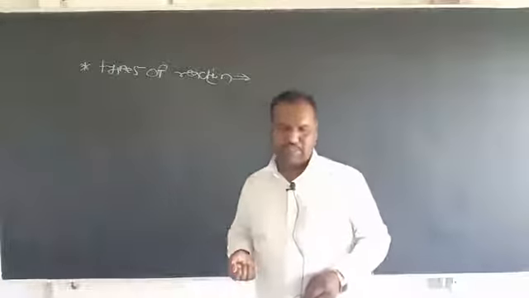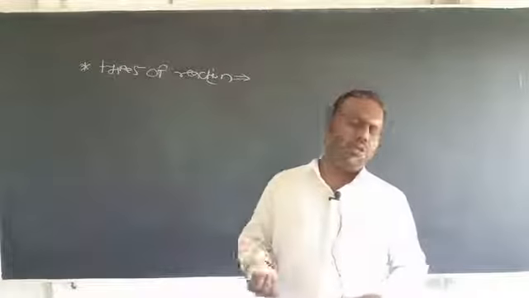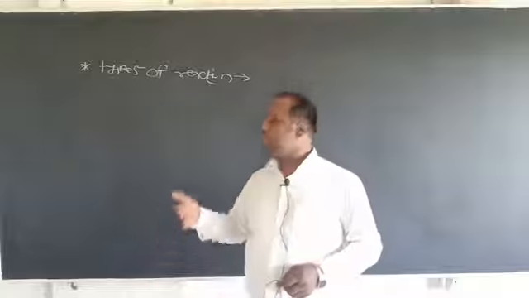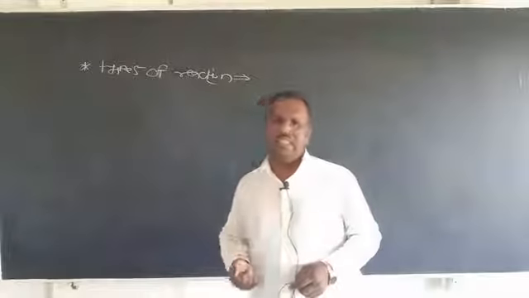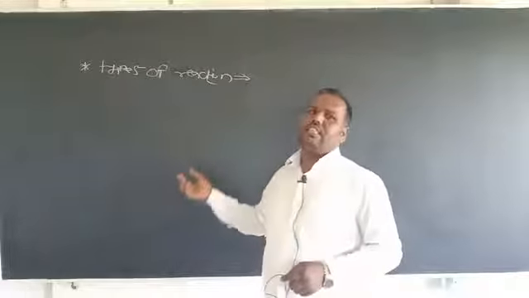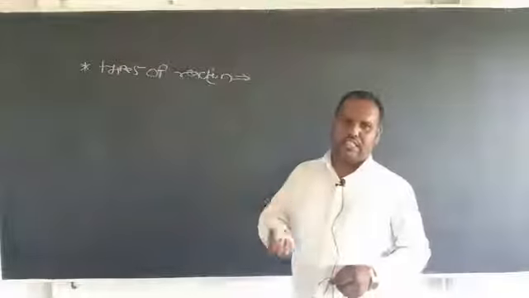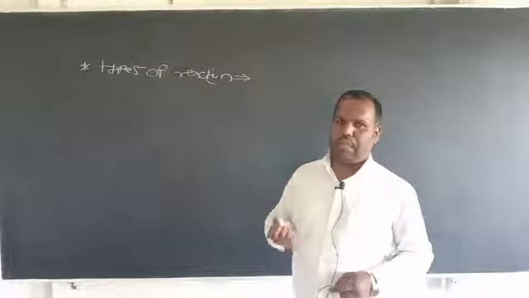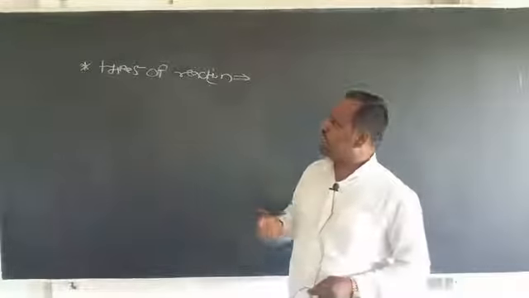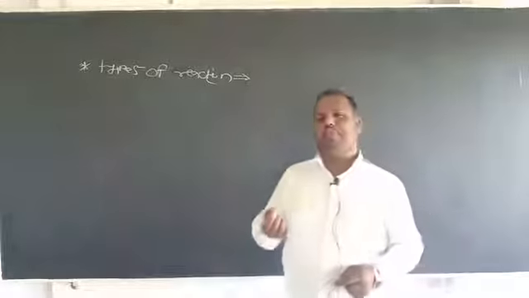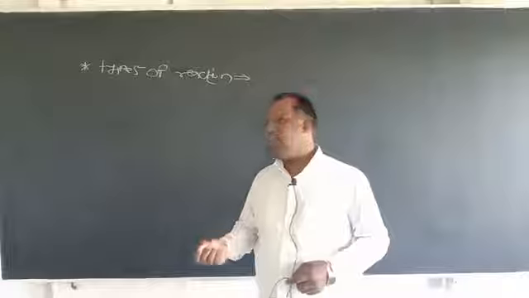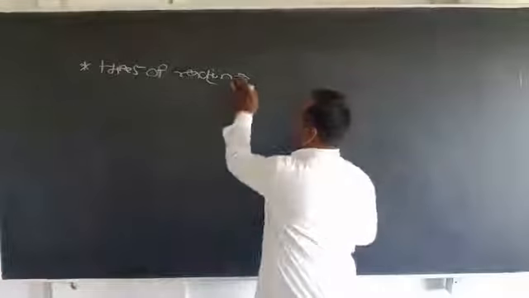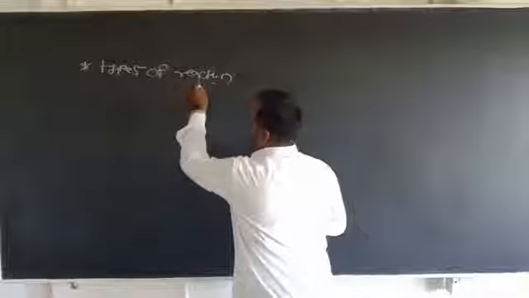We know that atoms, molecules, and electrons absorb light radiation and go into a higher energy state, that is, the excited state, and these excited species show different types of reactions. So they are classified into two types.